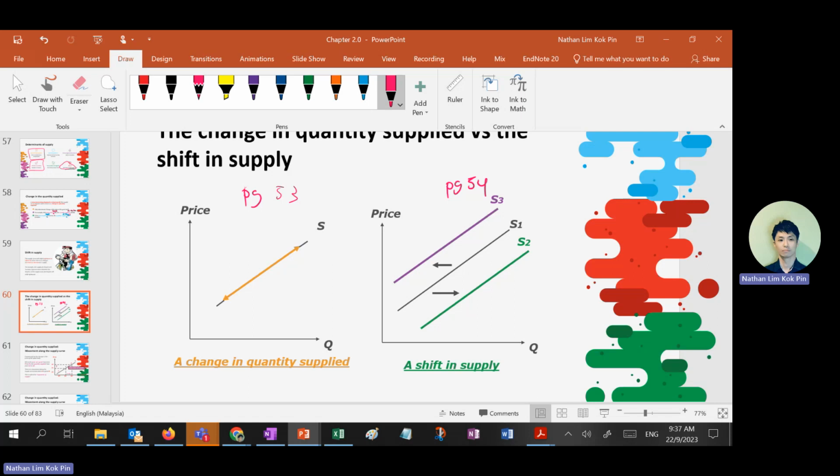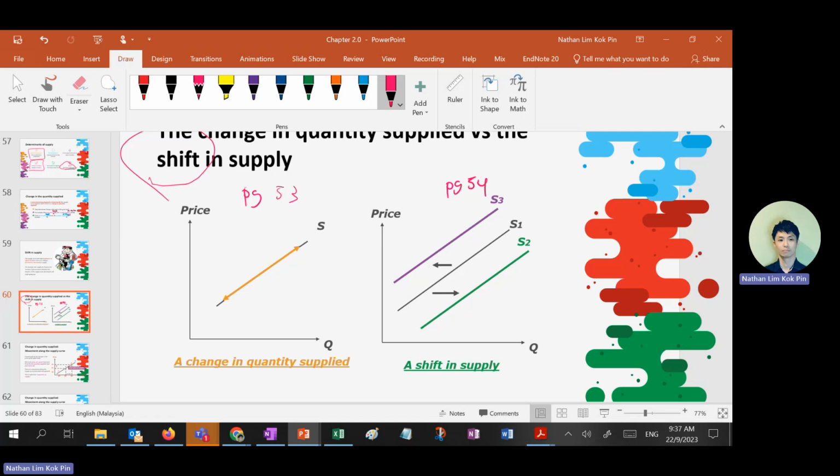Again, same thing. The label change in supply, change it to shift in supply, because change in supply is very hard to distinguish from change in quantity supplied.